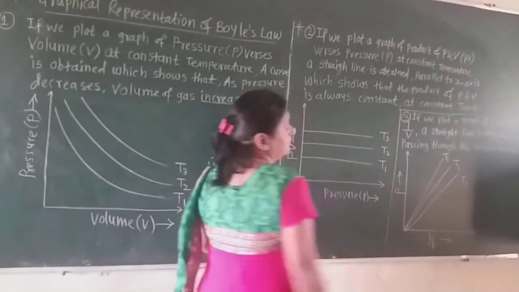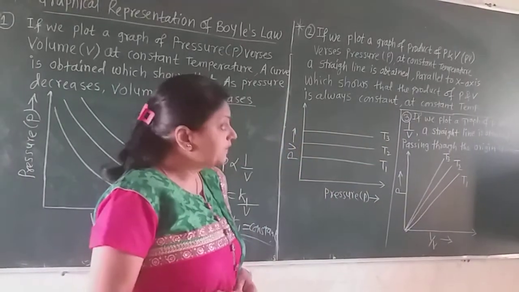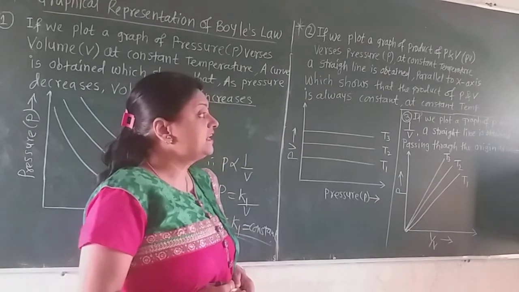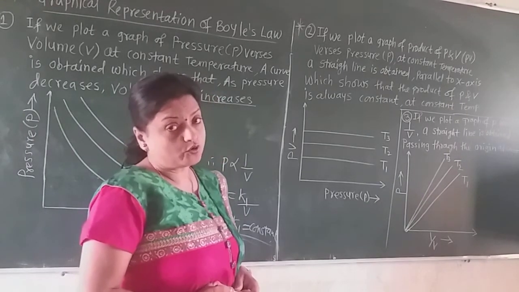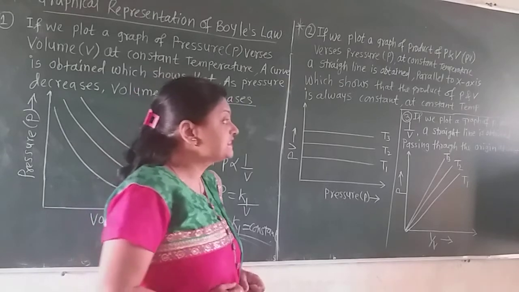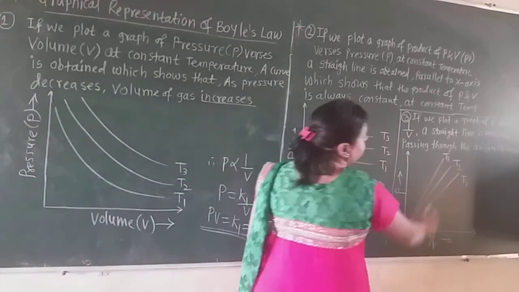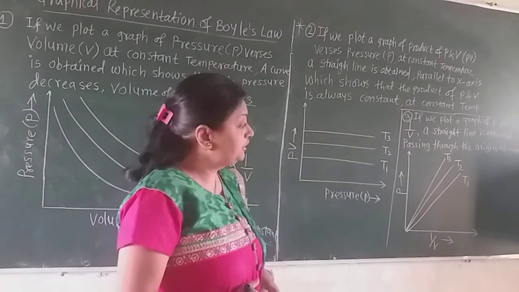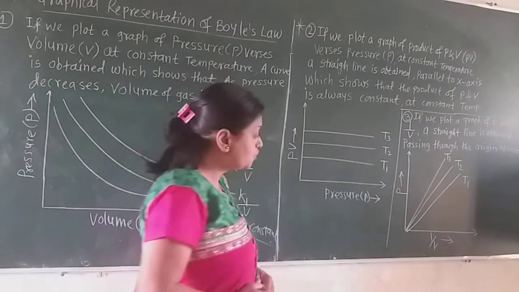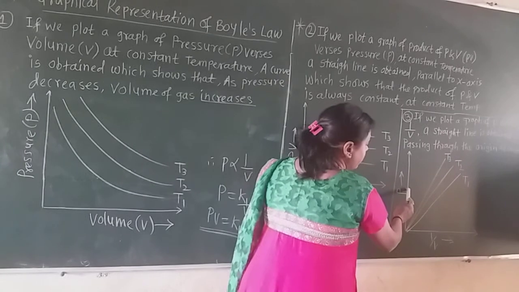Now the next plot: if we plot a graph of pressure versus 1 divided by V, that is the inverse of the volume, then a straight line passing through the origin is obtained at constant temperature. Now see, this is the straight line at the temperatures T1, T2 and T3. What does this show?